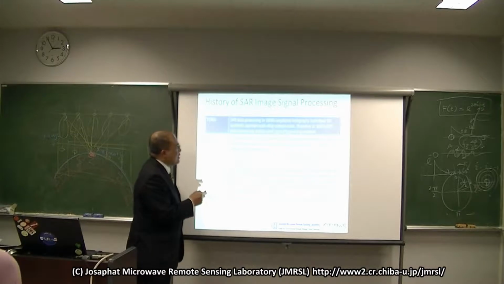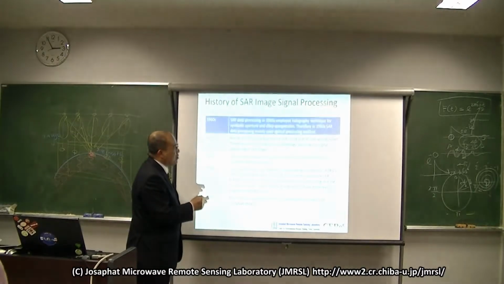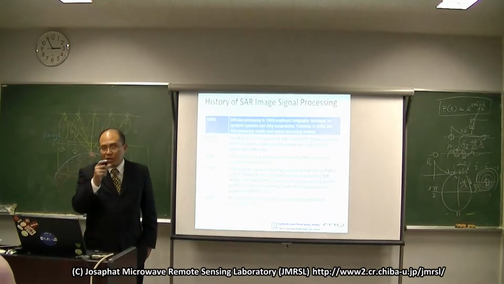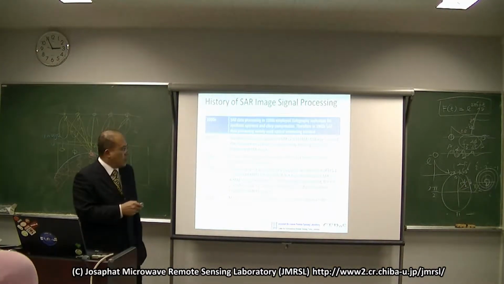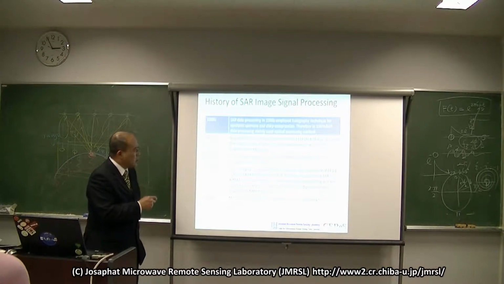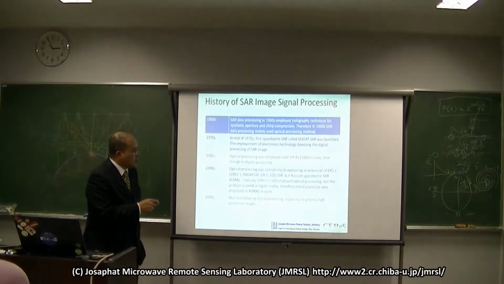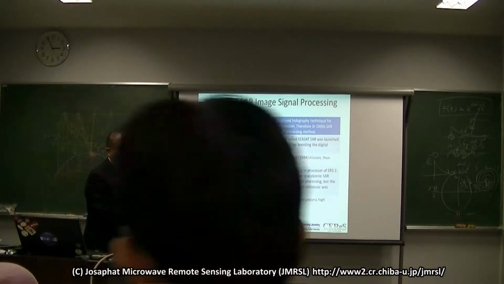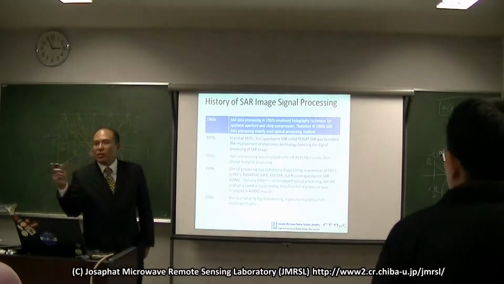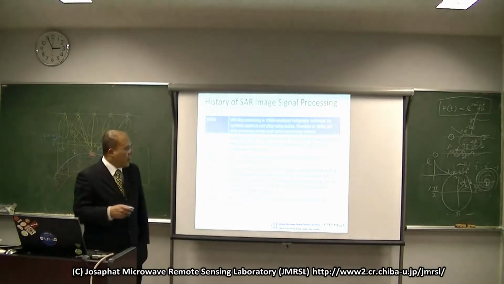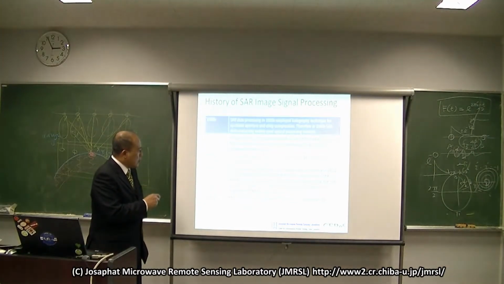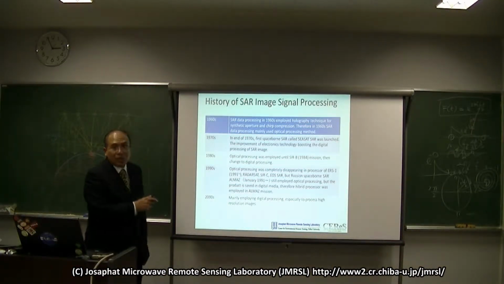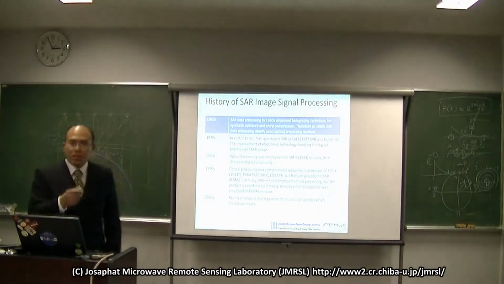And they started partially using digital processing, but it still meant analog. And in the 1980s, even in the Seasat mission, they gradually changed to digital processing. And from the 1990s the optical, analog processing was completely digital.